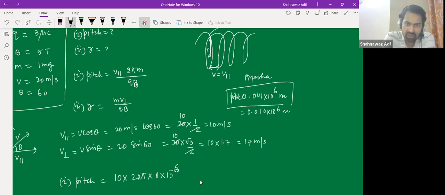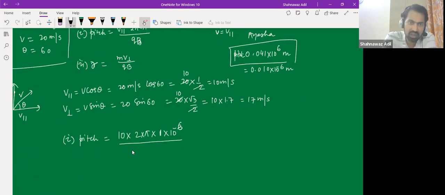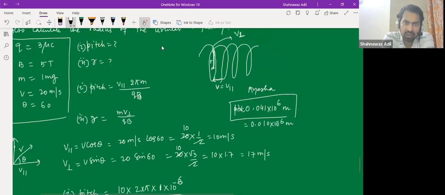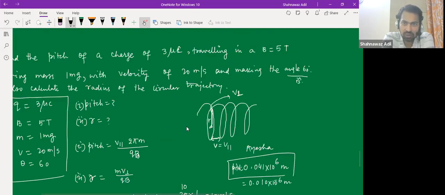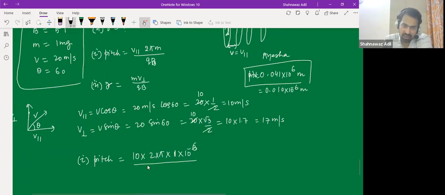Then we have charge, which is 3 microcoulomb, and magnetic field 5 Tesla. So the 10 to the power minus 6 cancels. And this is 3.14.